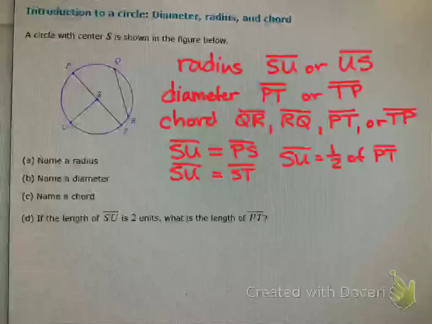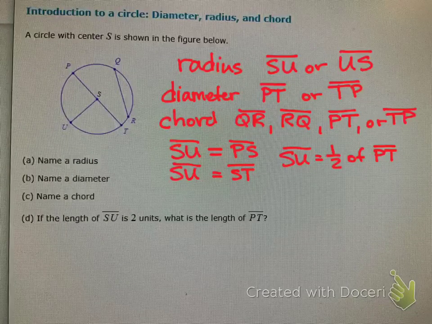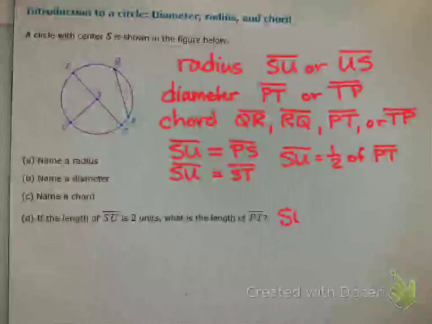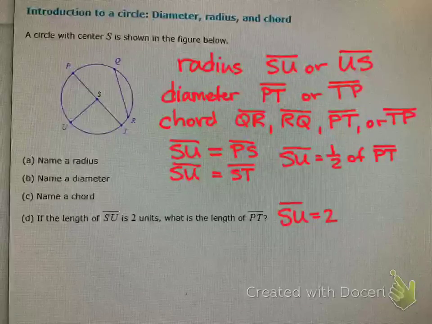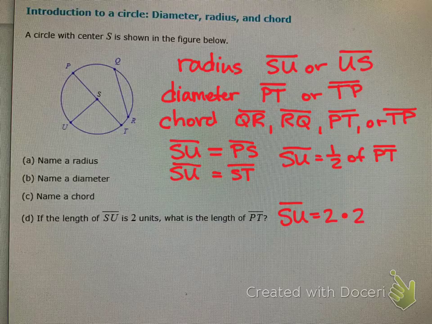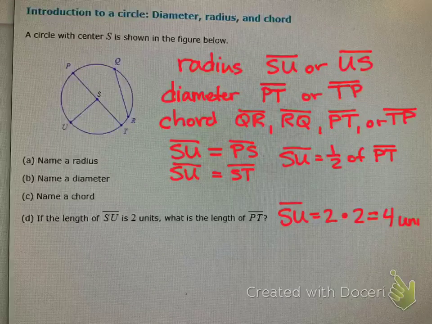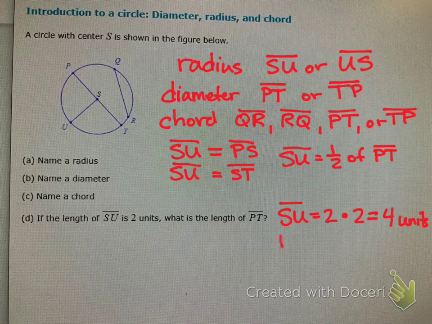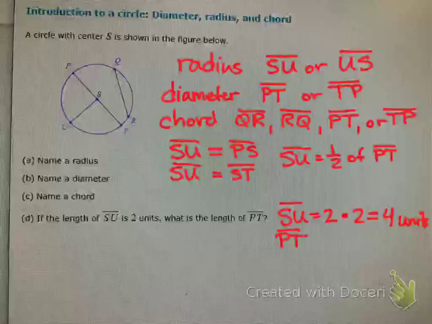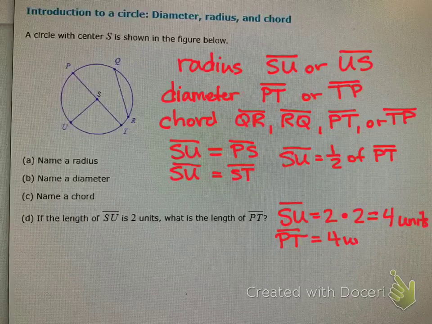So if SU is 2, that would be half of PT, so we would want to double that, so we would take SU, which equals 2, and then we would times it by 2 to equal 4. And so it would be 4 units. So PT equals 4 units.